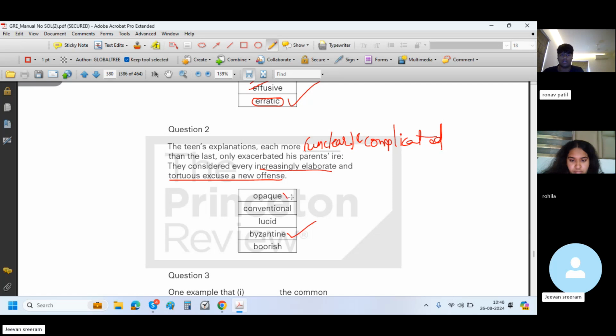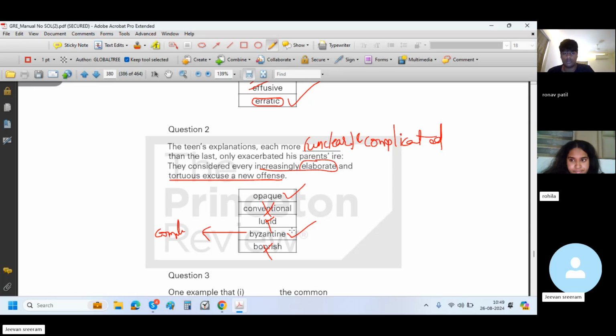Both are, but we should be able to pick only one. Byzantine can give a meaning like complicated and complex, but I need something like: her explanations are unclear, right? So Byzantine doesn't have a meaning like lack of clarity. It gives a meaning like complex.